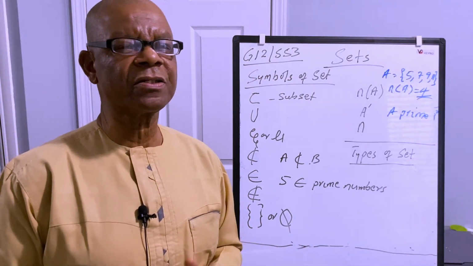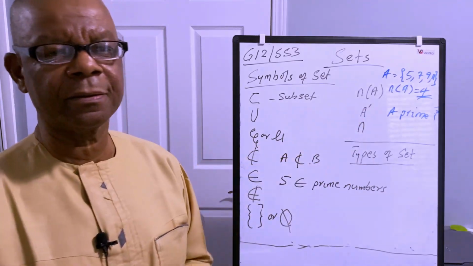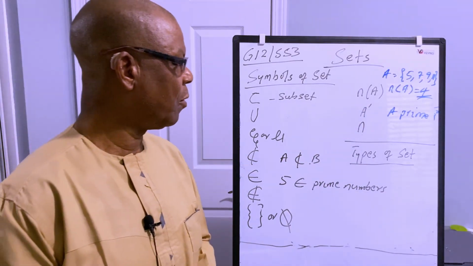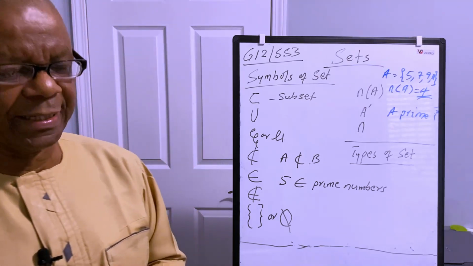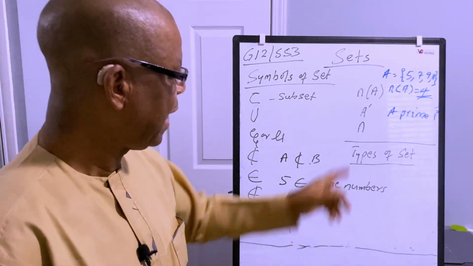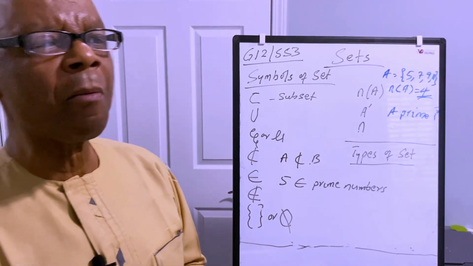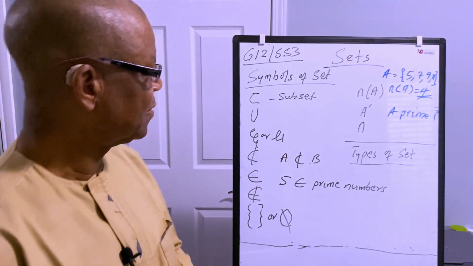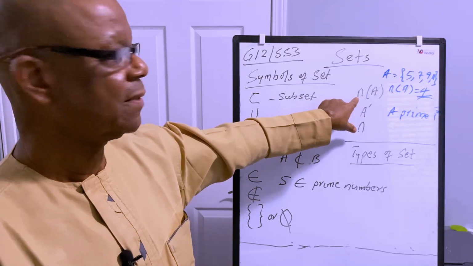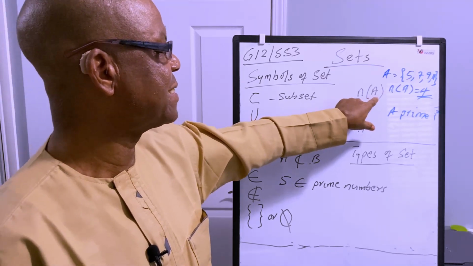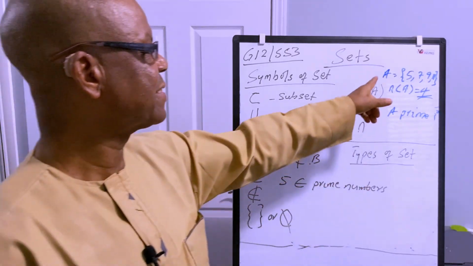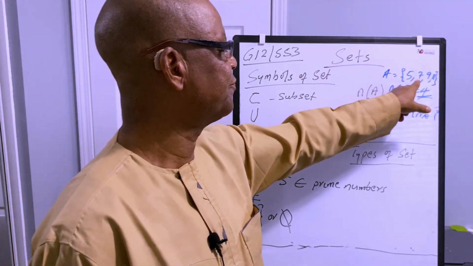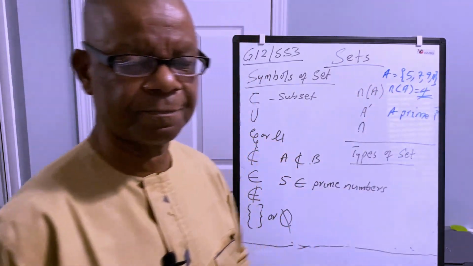All the elements in the universal set that do not belong here is what we call the complement of set A. And this symbol stands for the number of elements in a given set. You can see it here, n, which we say is the number of elements in set A. Let's say set A is 5, 7, 9, 11.